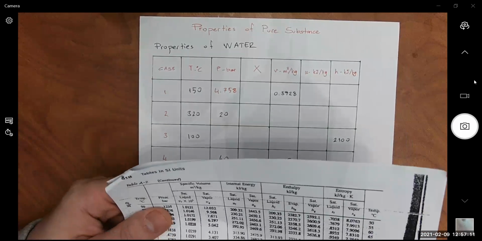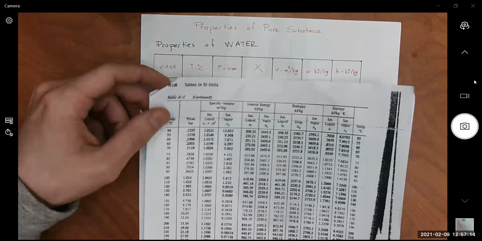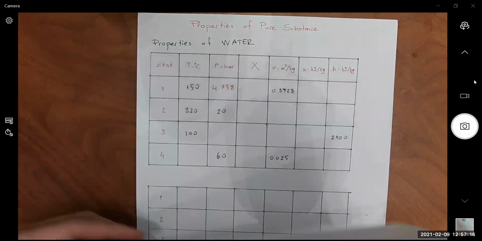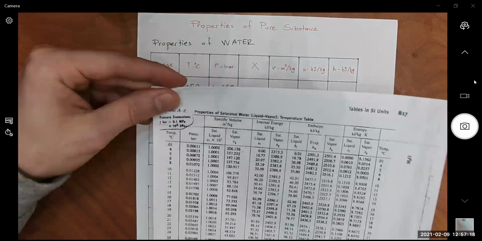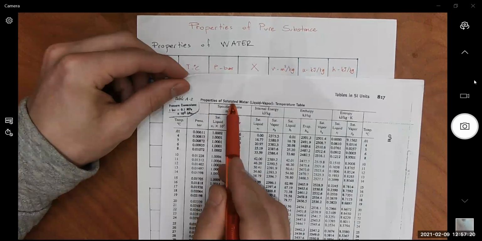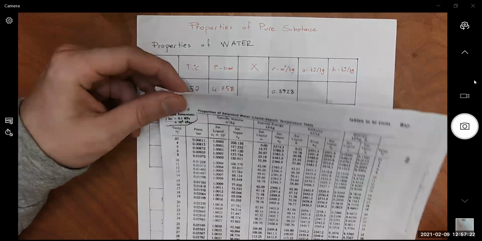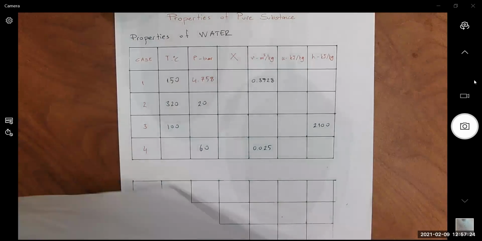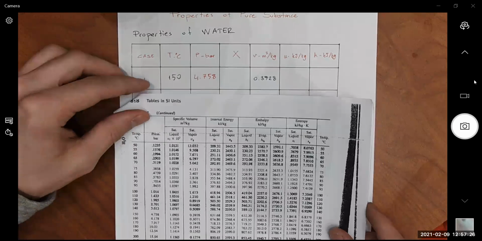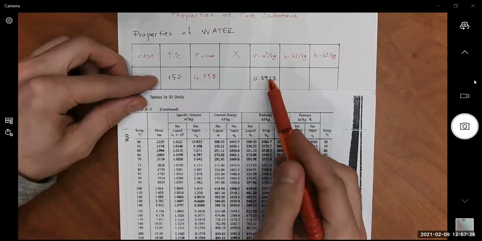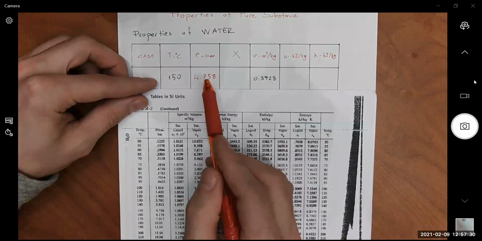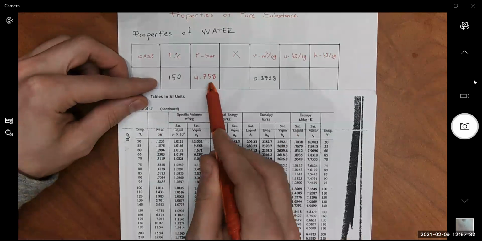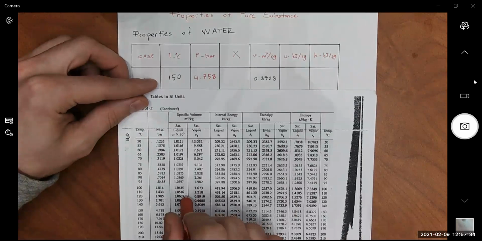Okay, for saturated vapor, properties of saturated vapor table. So for that temperature and specific volume, I found out that I can use the saturation pressure given at the table because of my phase.